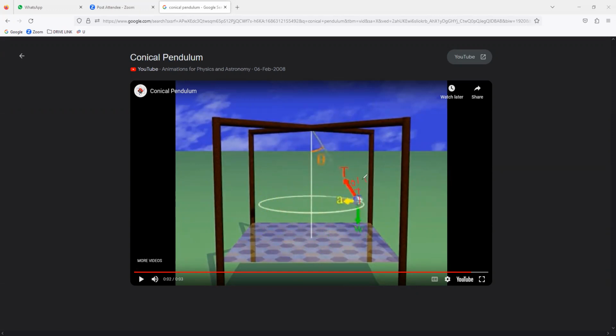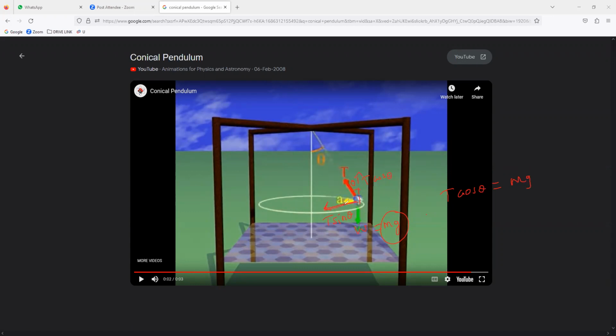Then here T cos theta, and acting towards the center, T sin theta. And downward, W, where W is equal to mass into acceleration due to gravity. So these both forces are equal. T cos theta is equal to mg, because one is vertically upward and one is vertically downward.